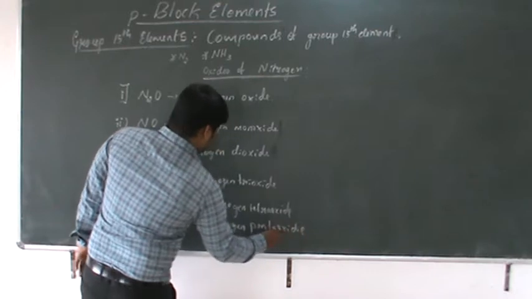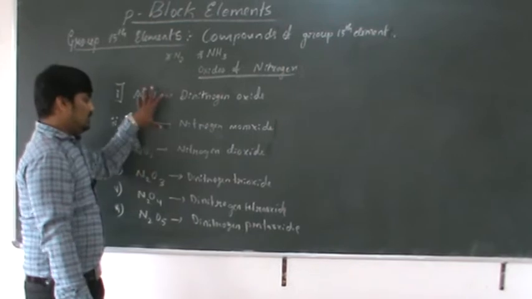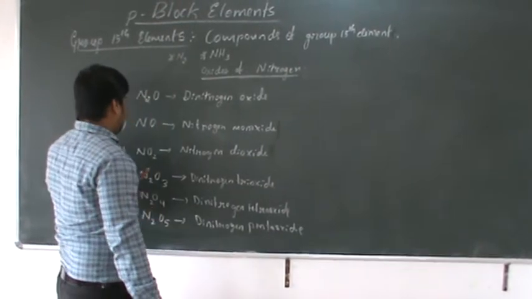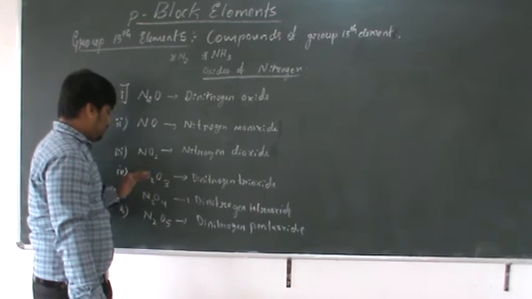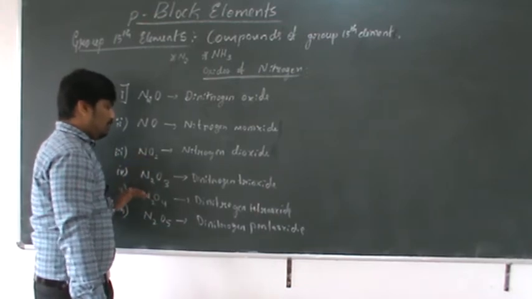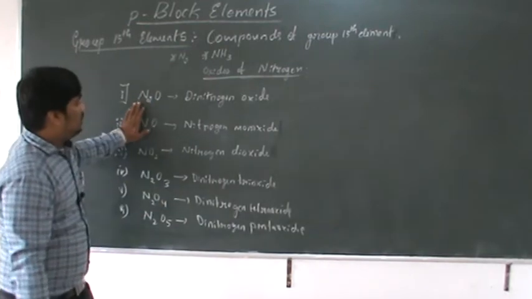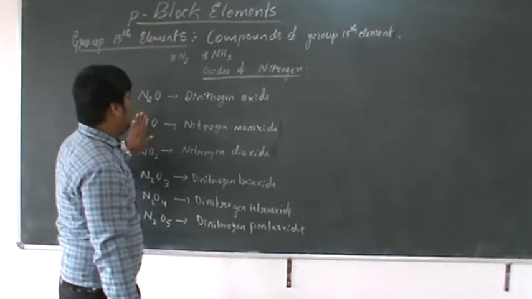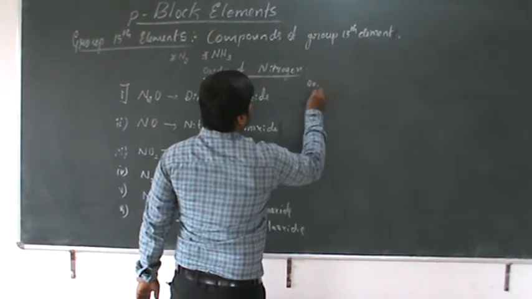So these are the different oxides of nitrogen. Here these three are very important. There is also a conversion between these two. That part will be discussed in this topic. The nitrogen dioxide, dinitrogen oxide. What is the oxidation state of nitrogen here?